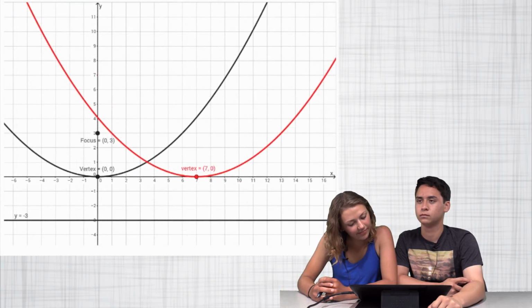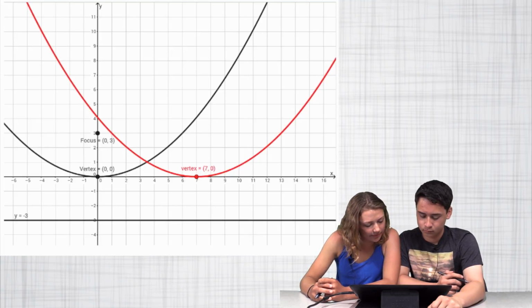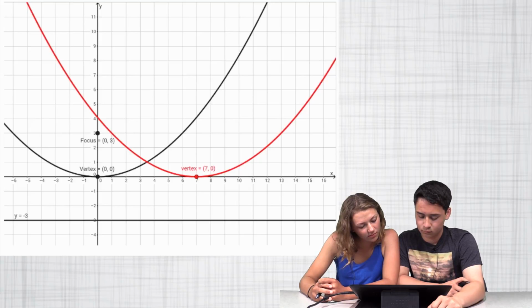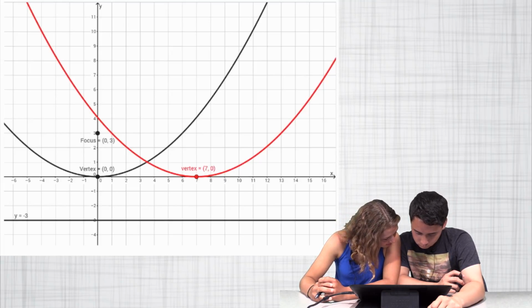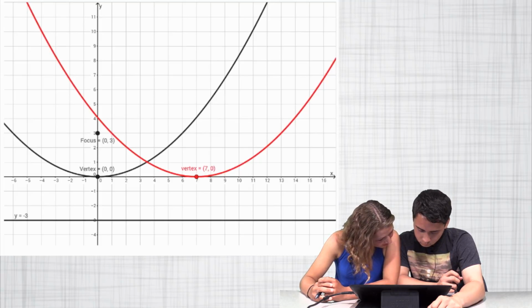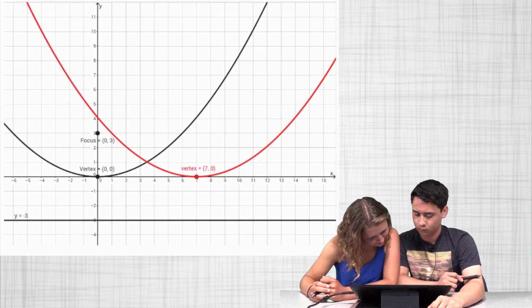Here's the original or base parabola with a vertex of 0, 0, and then your new one, the red one, has been translated or moved to the right 7 units. What's the focus and directrix of the new parabola? You can label them in red if you want to fit with the red parabola.